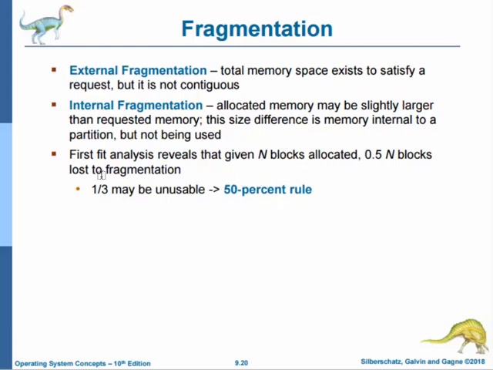Statistical analysis of first fit, for instance, reveals that even with some optimization, given N blocks allocated, another 50% or 0.5N blocks are lost to fragmentation. That means 1/3 of memory may be unusable, and this property is known as the 50% rule.